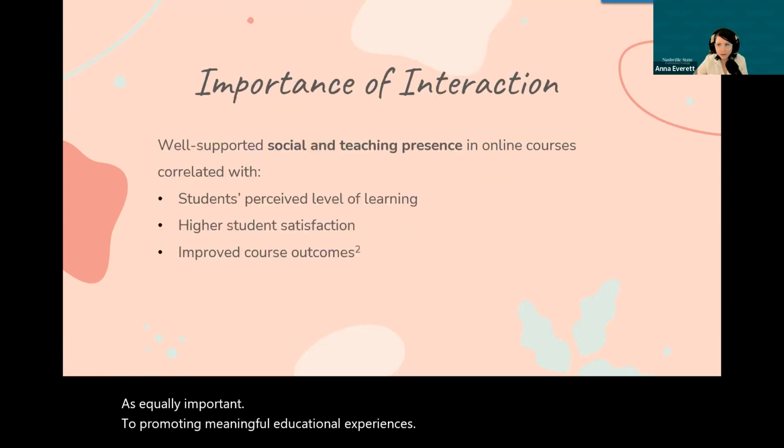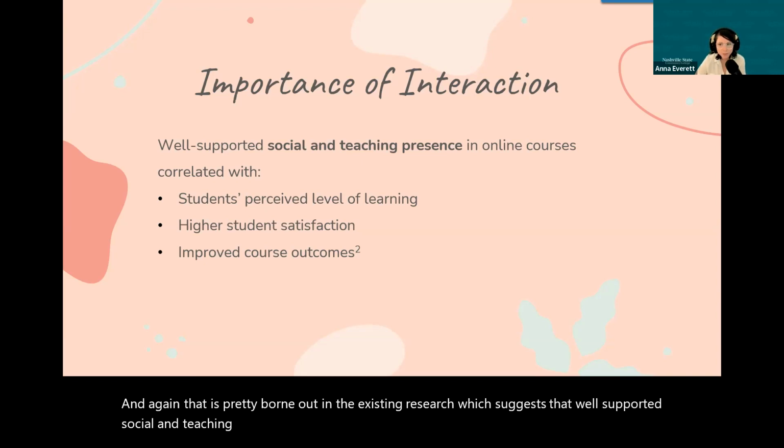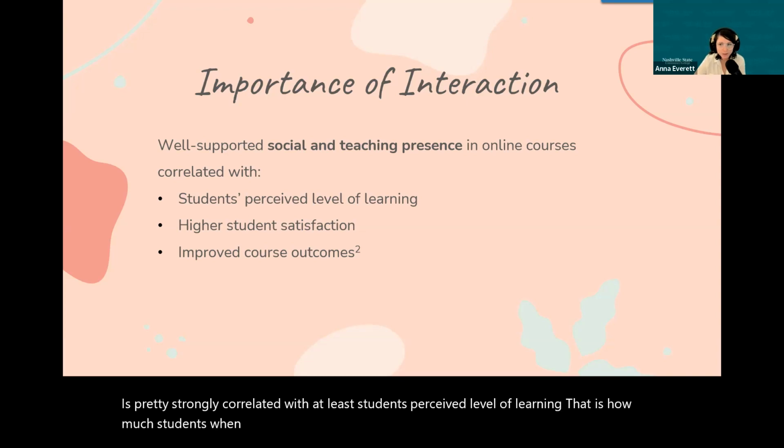And again, that is pretty well borne out in the existing research, which suggests that well-supported social and teaching presence, a sense of connection with other students and with the instructor in online courses, is pretty strongly correlated with at least students' perceived level of learning. That is, how much students, when they self-assess, say that they have learned, higher student satisfaction, and improved course outcomes.